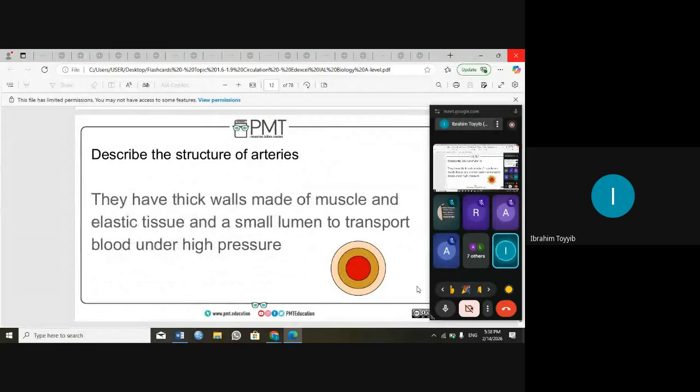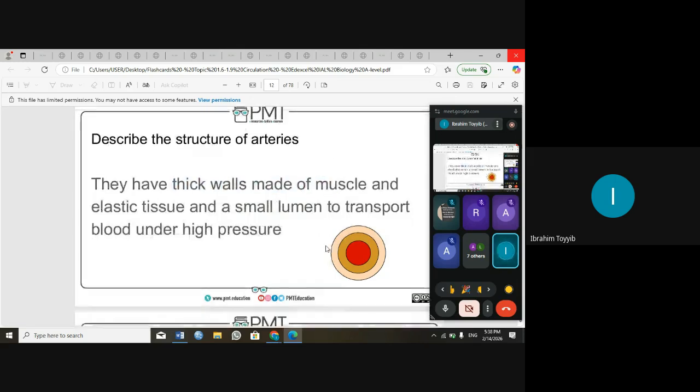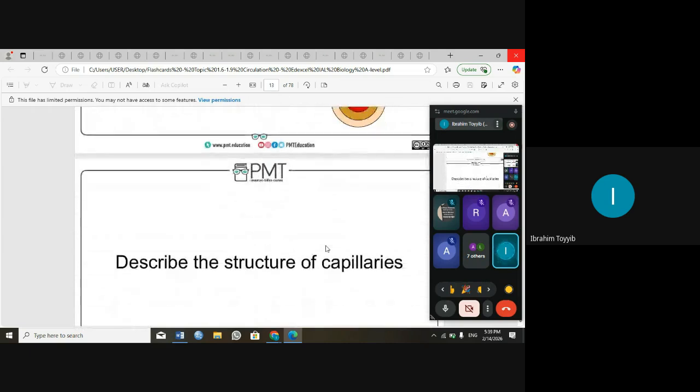Note that the arteries have thick walls made of muscle and elastic tissue and a small lumen. This is very important, not the one that has narrow lumen and wide lumen. So the artery has what? A narrow or small lumen to transport blood under high pressure, and it has thick walls made of muscle and what? Elastic tissue. I hope that is taken.